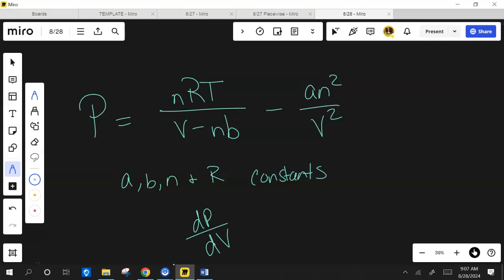So now V is that variable. You're finding dP/dV, the derivative of P with respect to V. Okay.